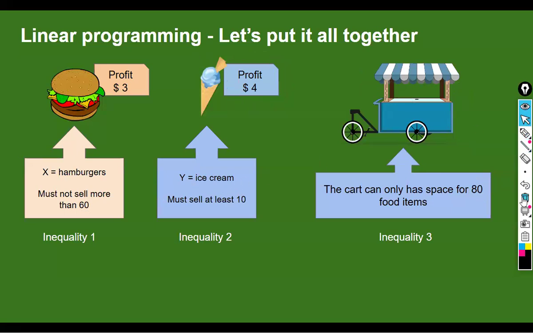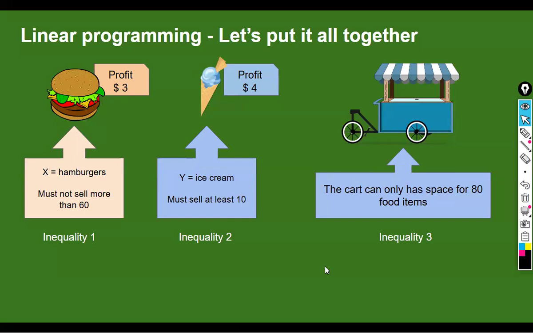At the end of the question today, we will be able to figure out exactly how many burgers to prepare and exactly how much space to make for the ice cream to maximize our profits. It's not as simple as 80 minus 60. Believe me, it's not as simple as that.